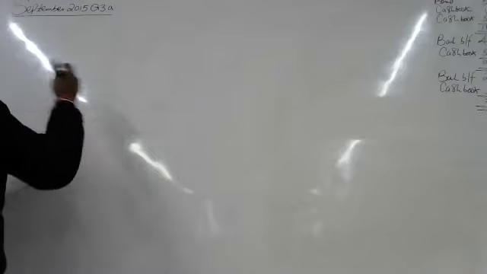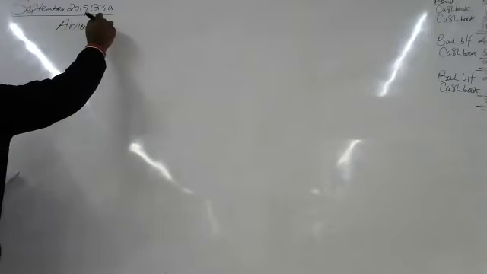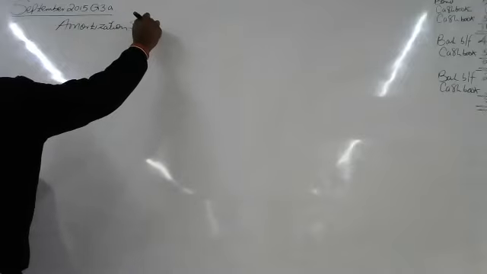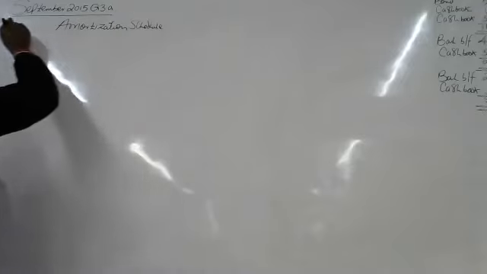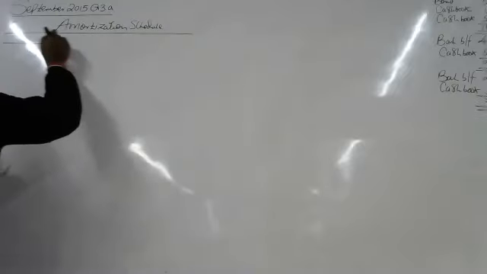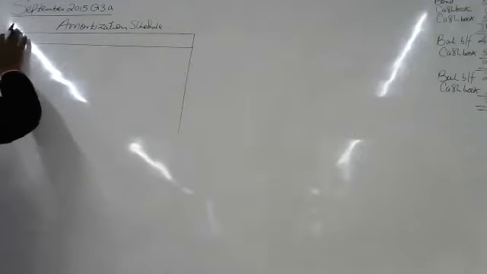Subsequent measurement is at amortized cost. So you simply answer by preparing an amortization schedule, a table like the one we have just prepared. That's the question.